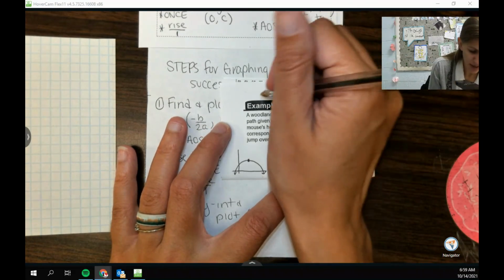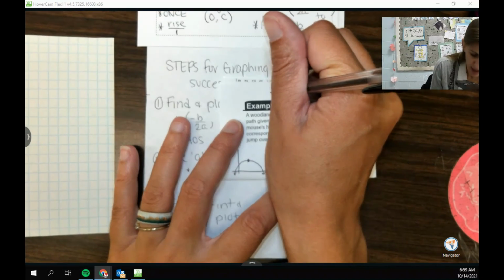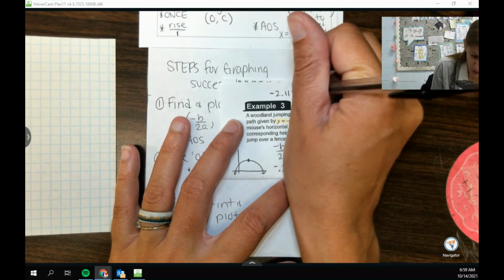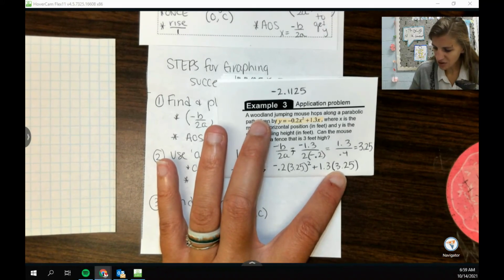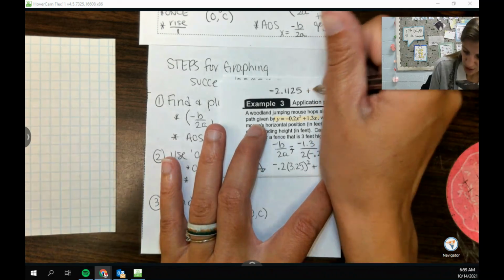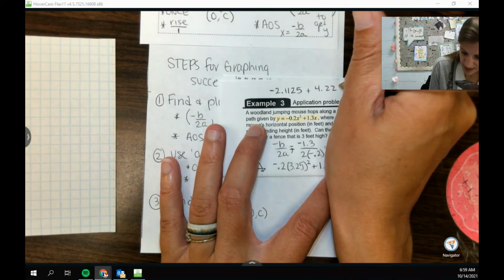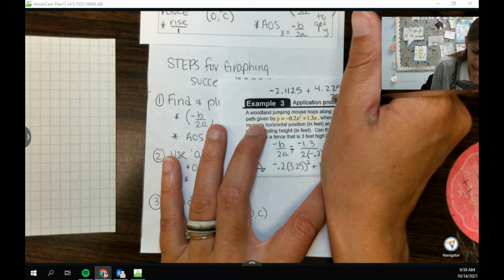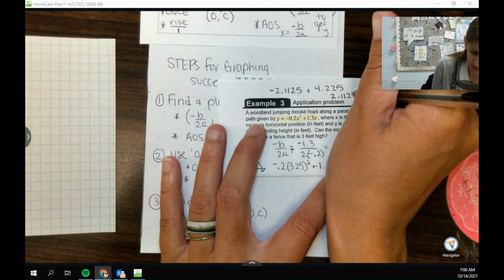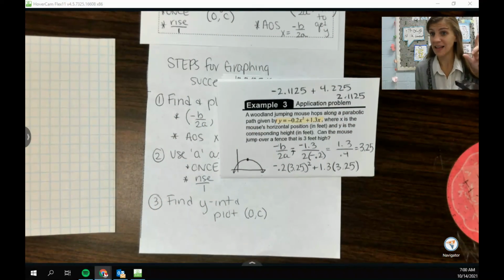I got negative 2.1125. Then I'm going to multiply the 1.3 times 3.25 for 4.225. And then I'll add that to the negative 2.1125. I get 2.1125. That's interesting.